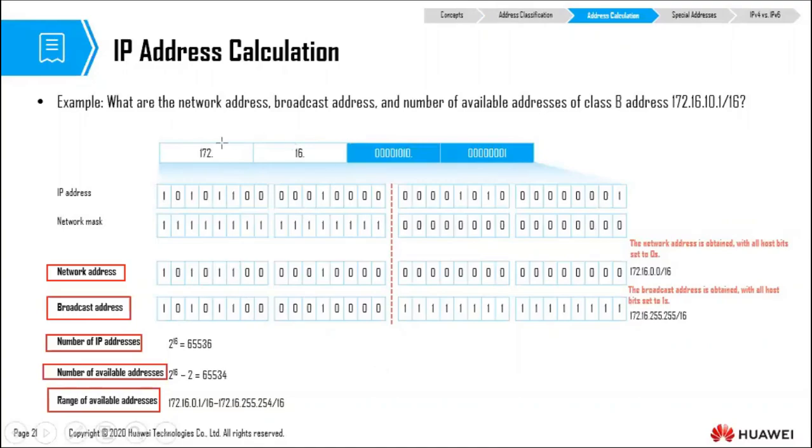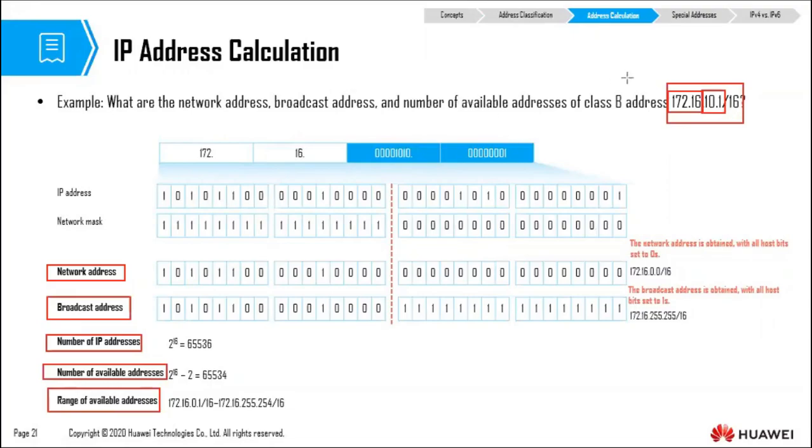Now, if you get an address like this, we have 172.16.10.1/16. What does /16 tell you? These two parts are used to represent the network. Then these parts can be used to identify the hosts.